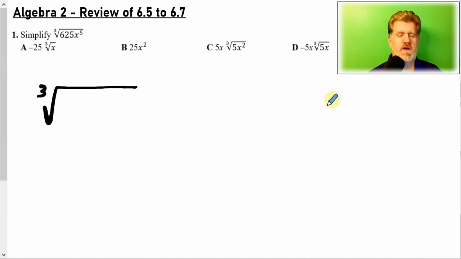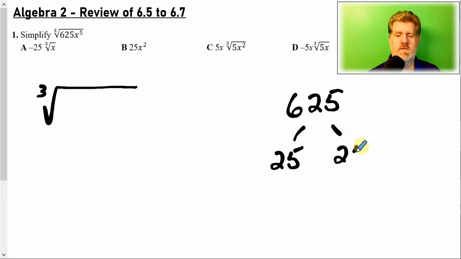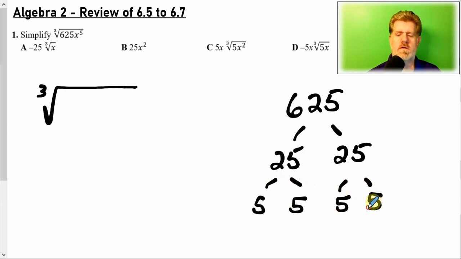So 625. What is 625 when you break it down? It's actually 25 times 25. And each of the 25 breaks down into 5 times 5. So how many 5s do you have? Well, you've got 4 of them. And you also have 5 x's.